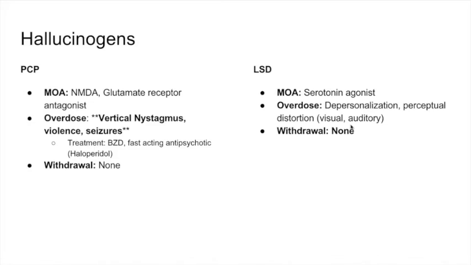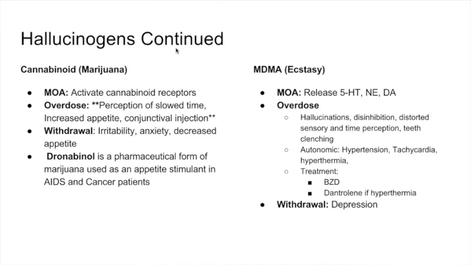The third medication in our hallucinogens is cannabinoid, which is marijuana. How it works is that it activates the cannabinoid receptors. Overdose of cannabinoid is, and this is high key for exams, you get perception of slow time, increased appetite, and the really, really important one is conjunctival injection.